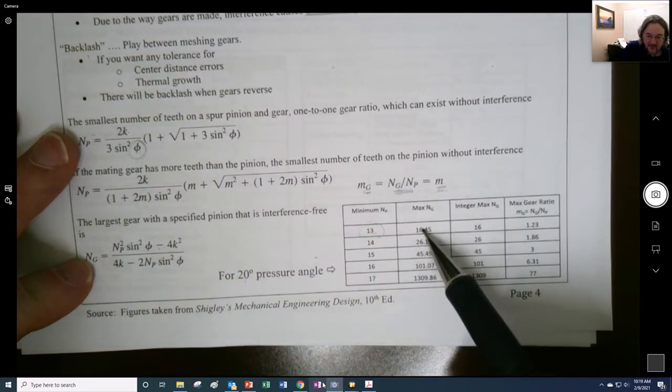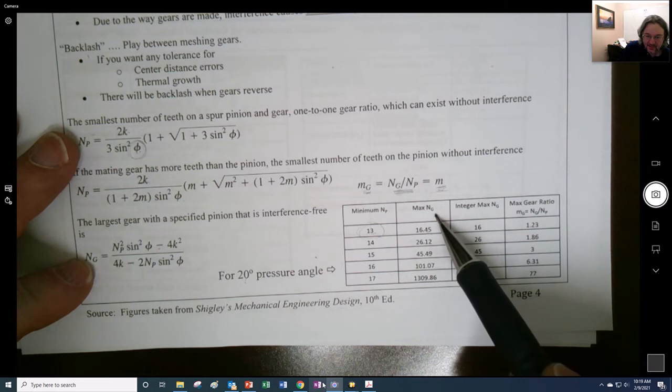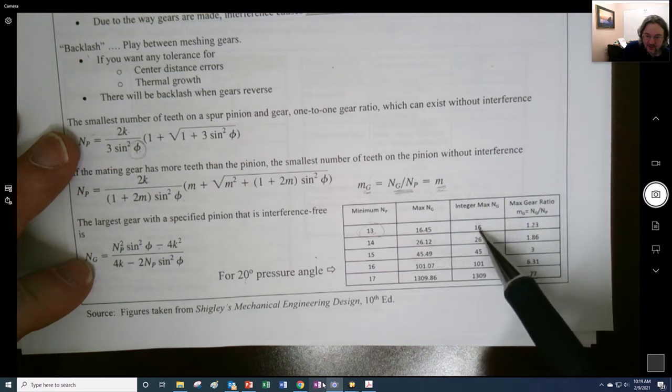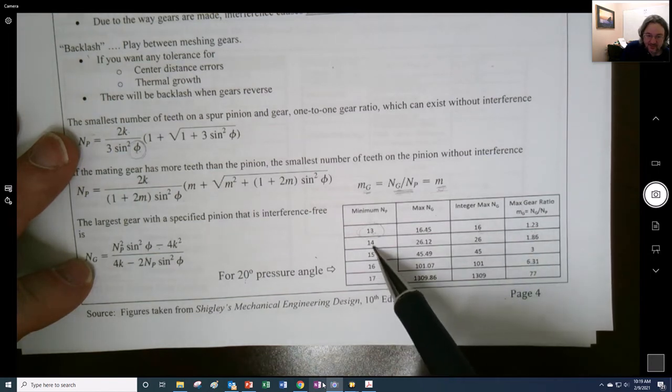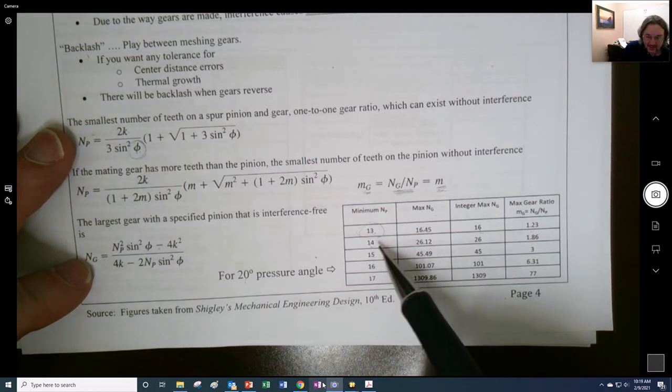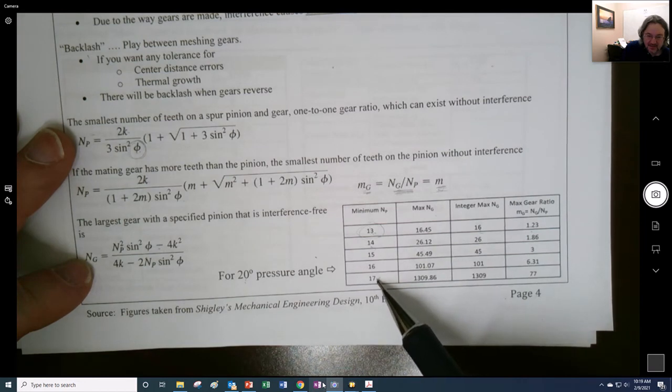Yeah, we end up getting a 16.45 gear, so we get an integer of 16, which is a gear ratio of 1.23. If we do the same thing for a pinion with 14 teeth, you can see that we start to come up here. Above 17, we're fine right here.